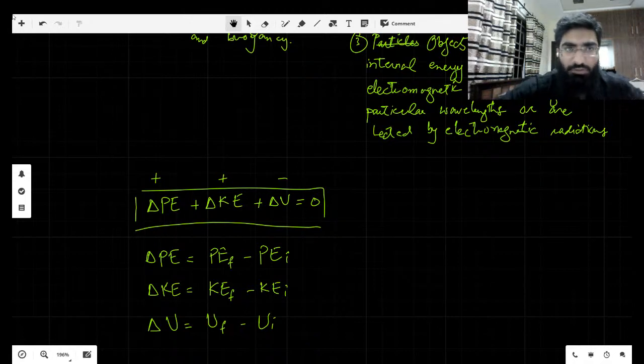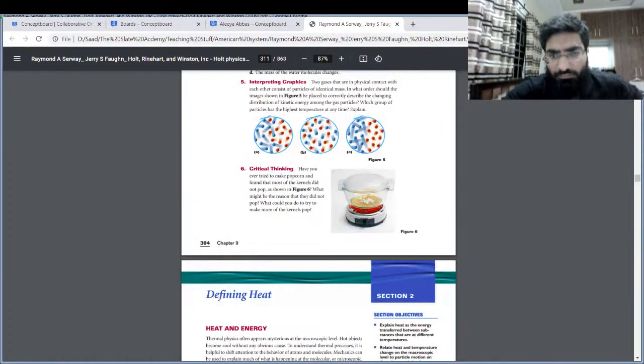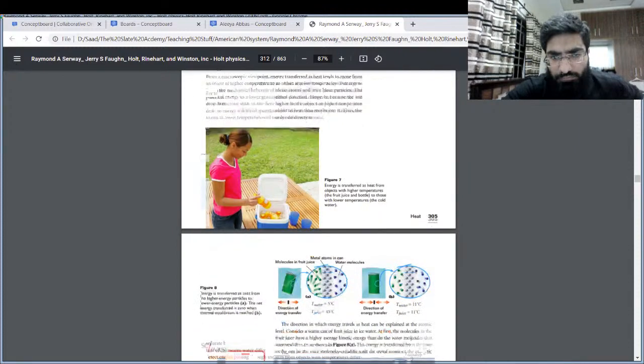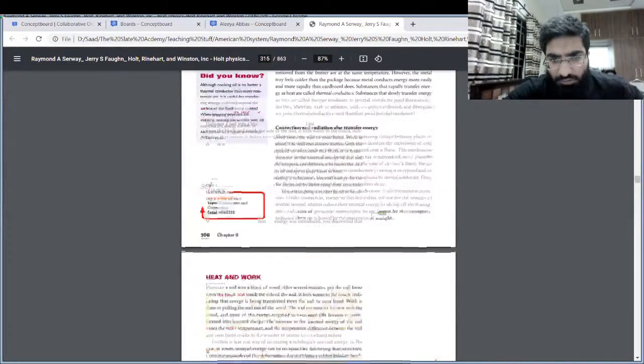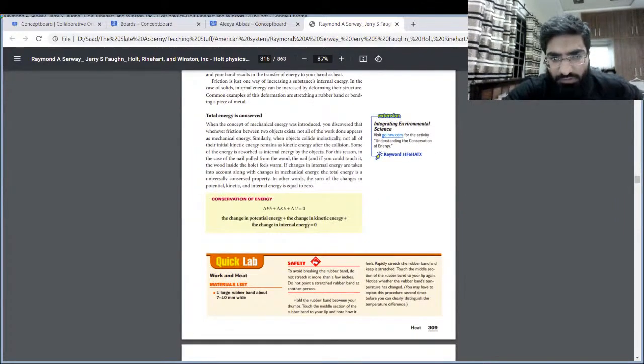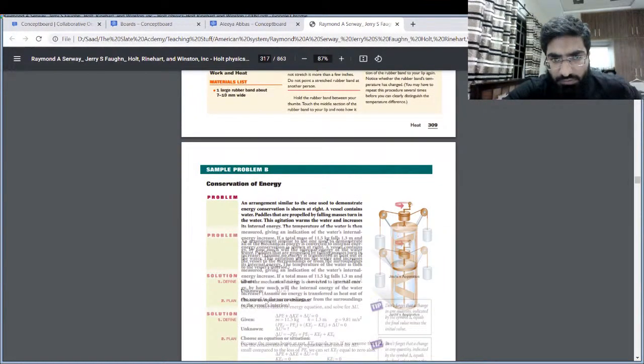Let me check if your book mentions this thing. This we have discussed. Heat and work we have discussed. Conservation of energy.